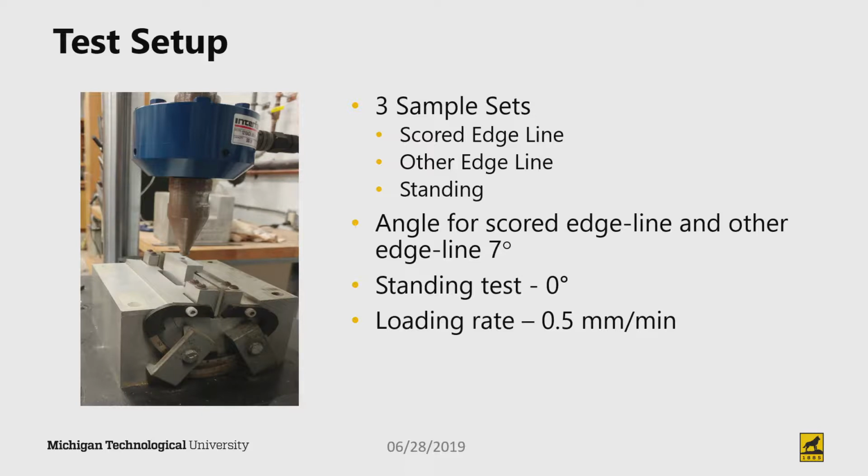This one is currently very small. Our sample is 6 inches long, and we're holding it at an angle of 7 degrees for our angled tests. What we're able to do is distinguish between the cut edge, where the tooled edge was, and the other edge as the sample breaks, and see if there's a difference between the tool side and the untooled side.